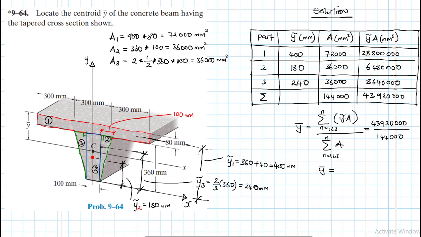So this gives us 305 millimeters. Y bar therefore is equal to 305 millimeters.